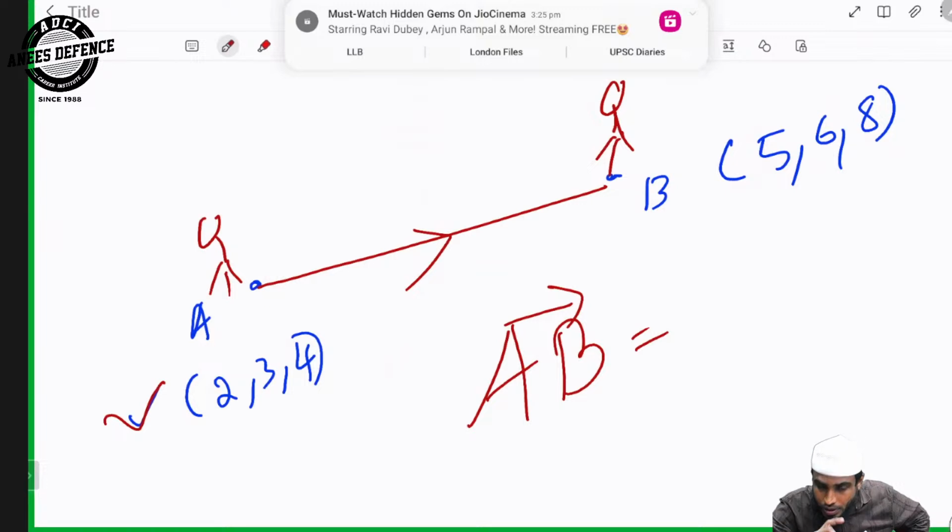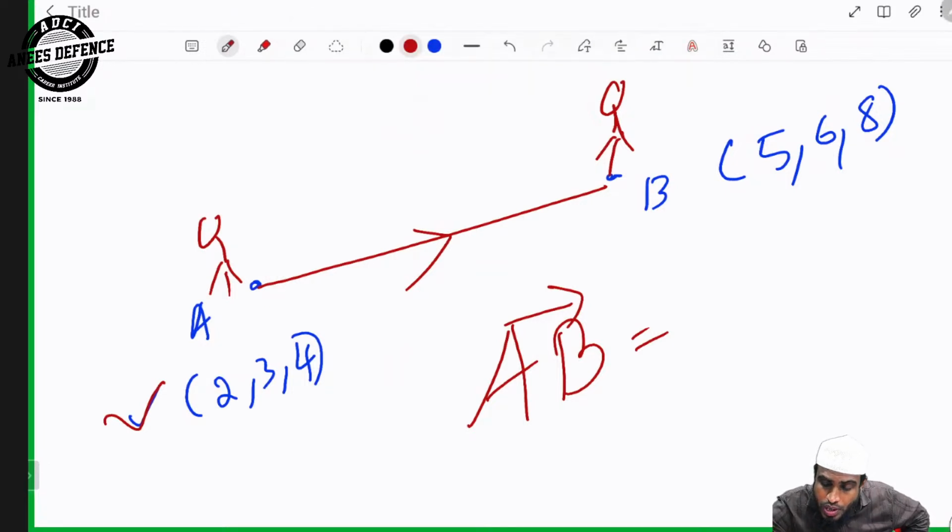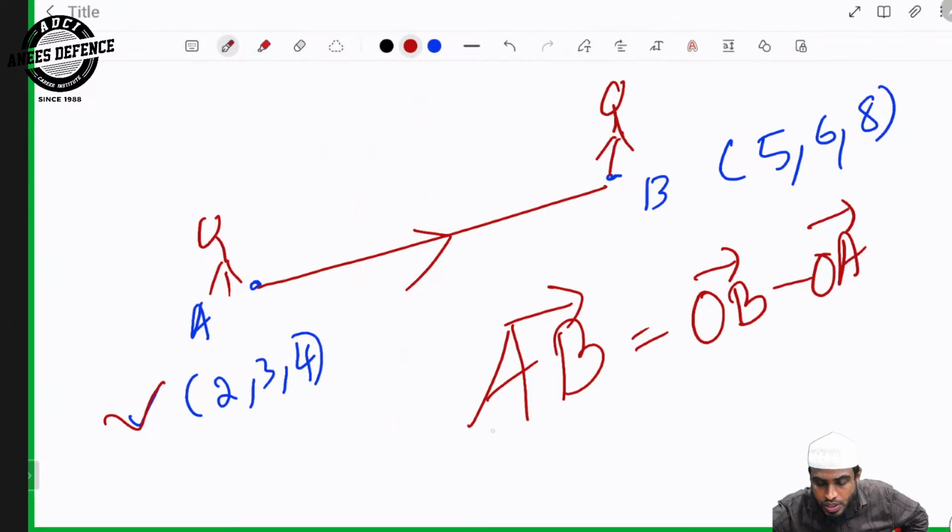For calculating the vector AB, you have to consider the final point position vector minus the initial point position vector. A is the starting point and B is the final point. So position vector of the final point minus position vector of the initial point: OB minus OA.